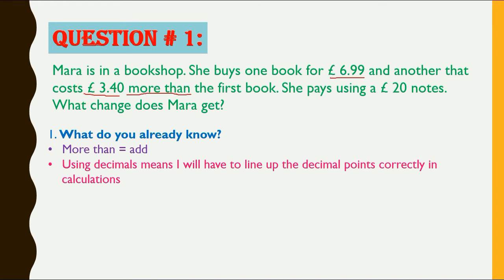Means if you want to add or subtract them, we have to line up the decimal numbers. Change from money, where the term change is used. Here this change from money means we have to subtract. So after looking at the question, we already know that more than means we have to add here. Using decimals means we have to line up the decimal point correctly, and change means we have to subtract in the end.